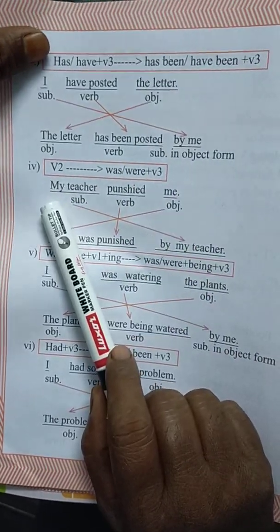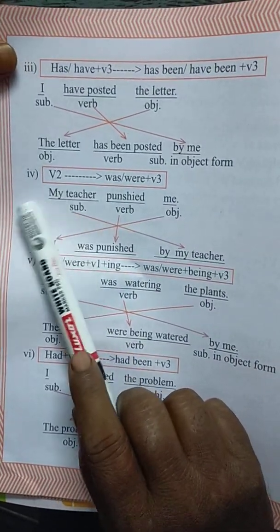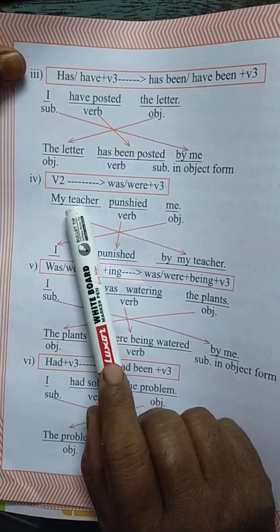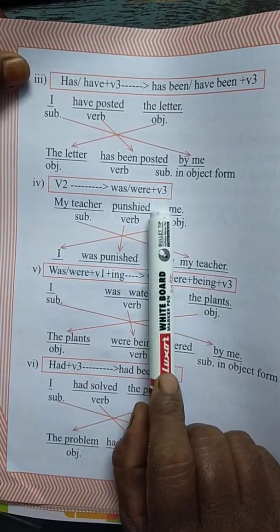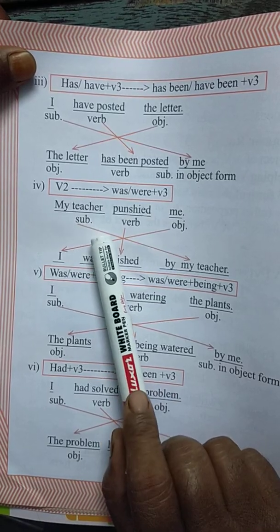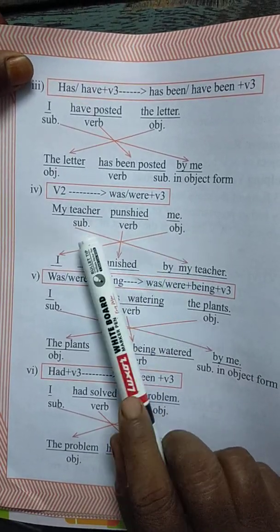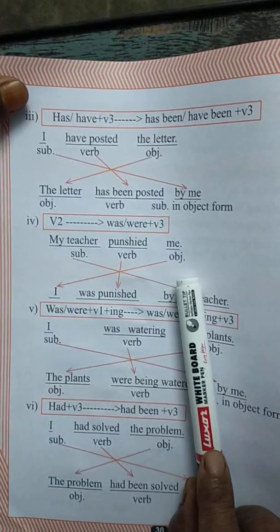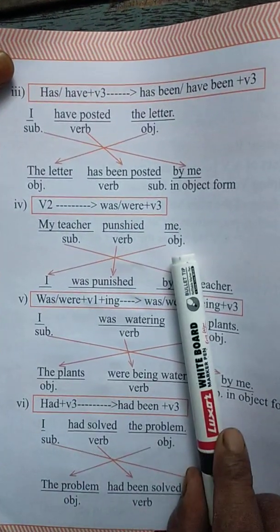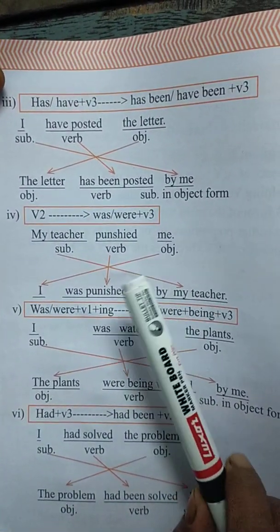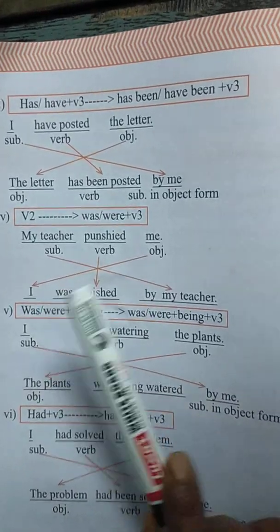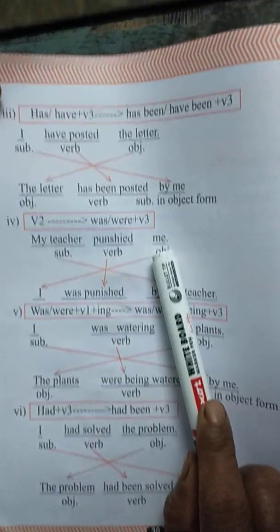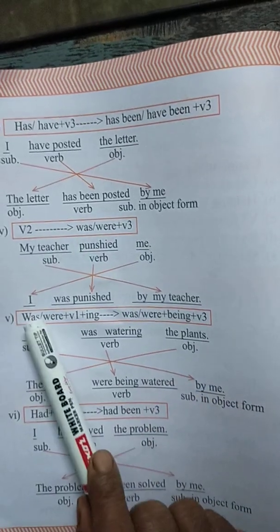So you come to v2: was or were plus v3. My teacher punished me. My teacher is subject, punished is verb, me is object. What will it be when the voice changes to passive voice?